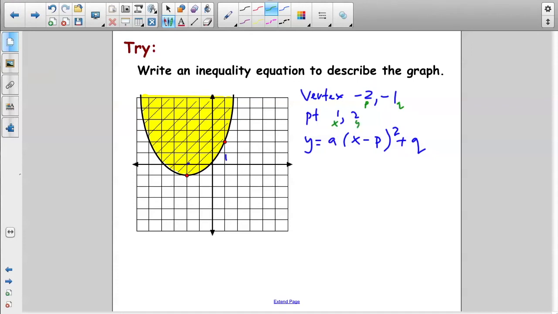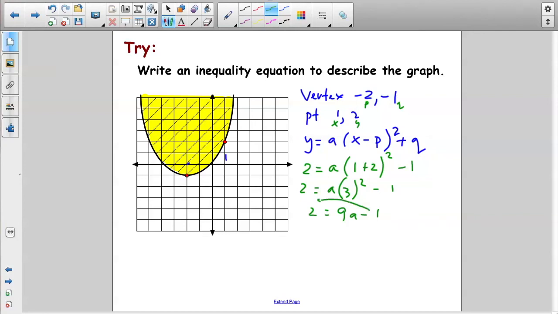So we have 2 equals, we don't know what A is, we're going to solve for it. 1 minus, so it becomes plus 2, and Q is minus 1. All right, so that becomes 9A for me. So 9A minus 1 equals 2.